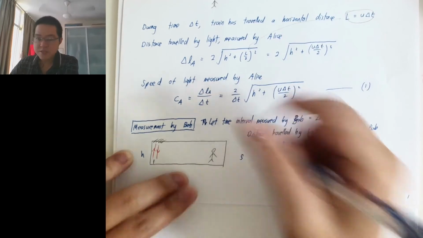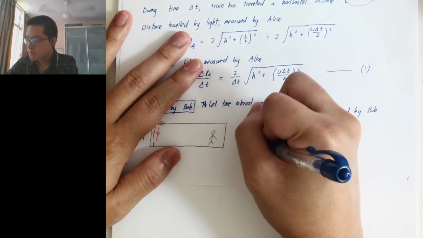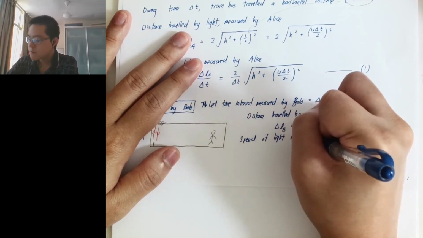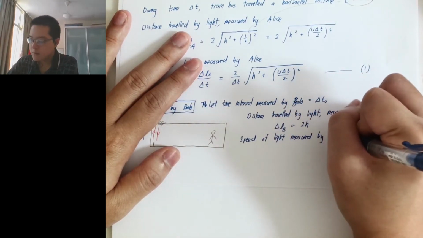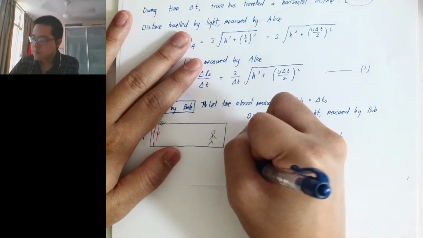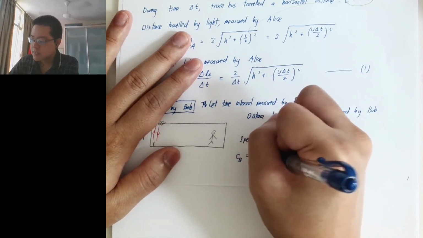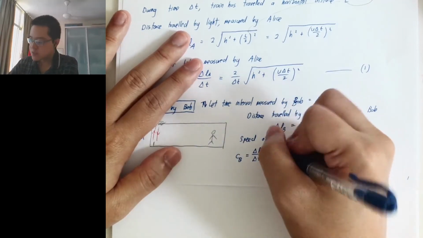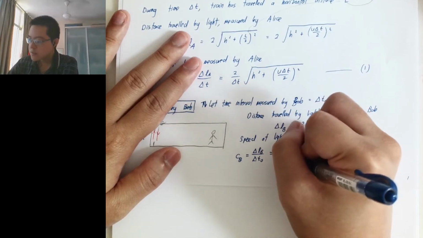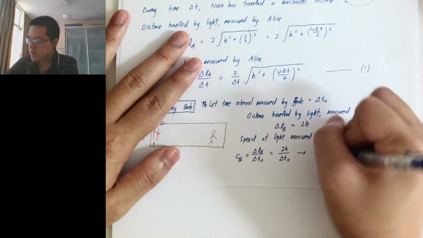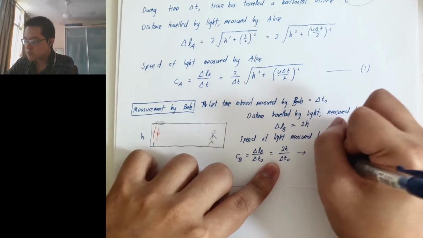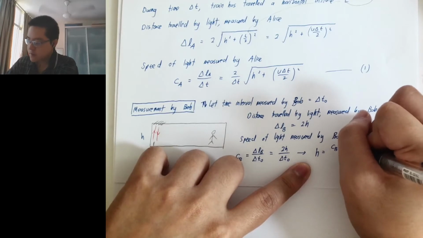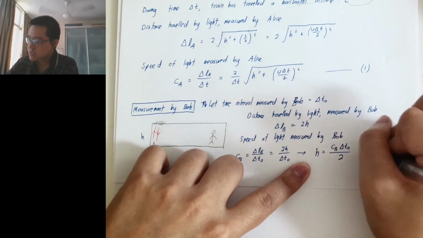So the speed of light measured by Bob, c_B, is of course distance for Bob over time of Bob. The distance is just 2h, so c_B equals 2h over delta t0. Therefore I have an expression which I will use to substitute later: h equals c_B delta t0 over 2. So this is equation 2.